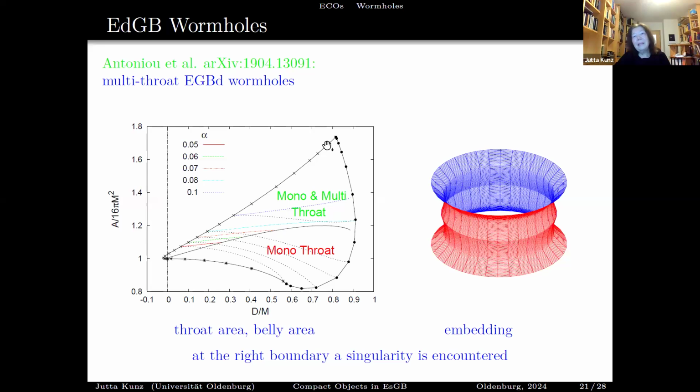On that side, our solutions were developing what we call an equator. So we have a throat, and the throat is a minimal circumference, but then an equator is some maximal. So we have something that we call a multi-throat wormhole. Here we have two throats, and in between we have a maximum equator.